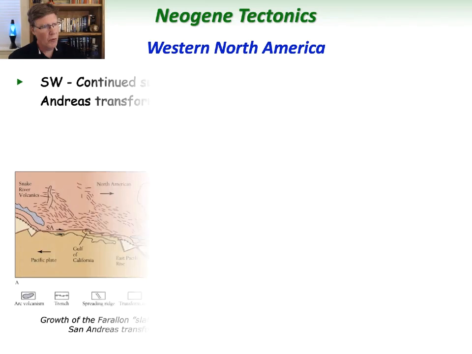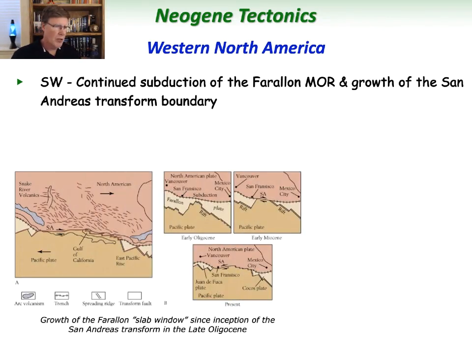Let's talk a little bit more about the southwestern margin of North America here. It's still the continued subduction of the Farallon mid-ocean ridge underneath North America, and as that happens, the San Andreas transform boundary grows in length. If you remember, back in the early Oligocene, the Farallon Plate was being subducted underneath the entire margin of North America.